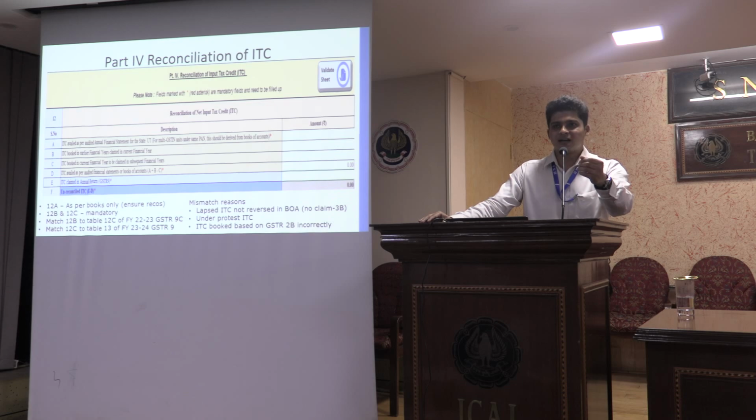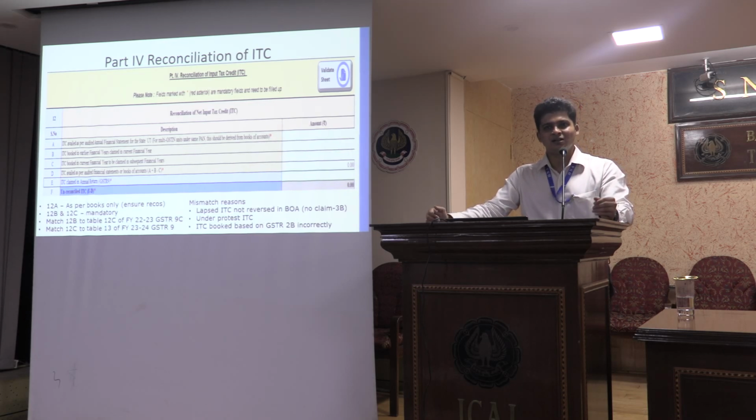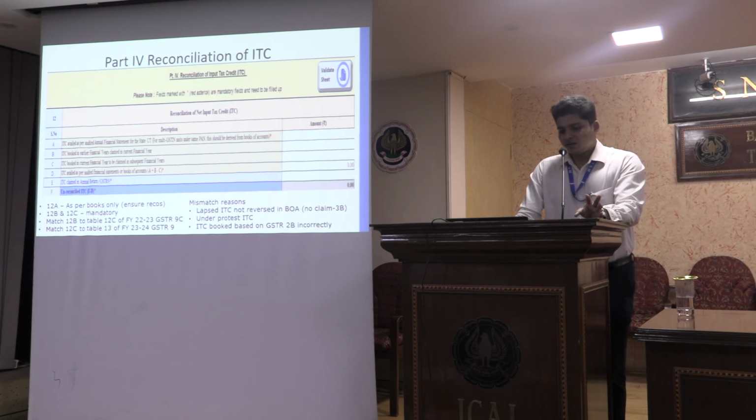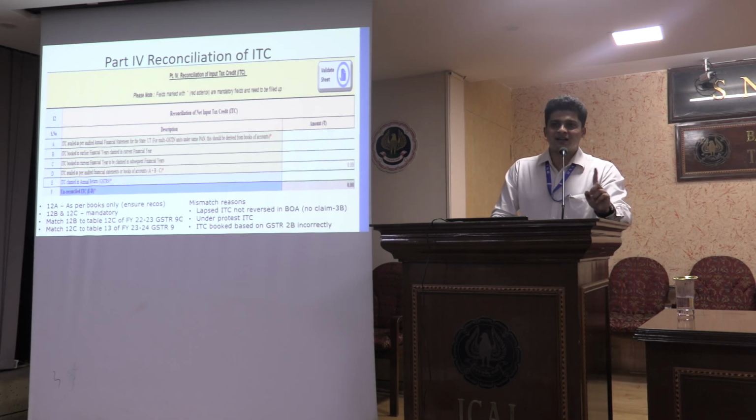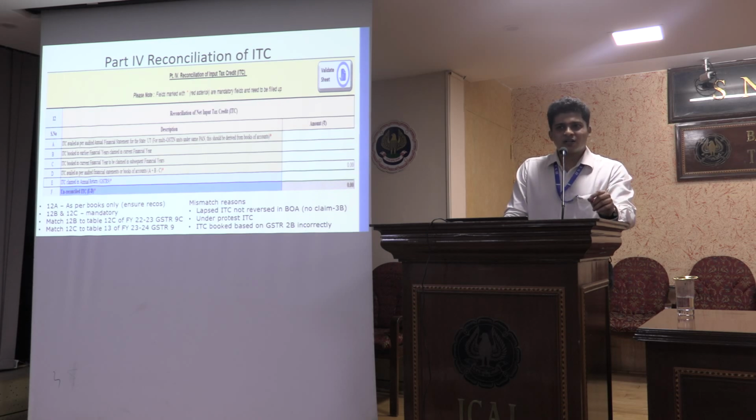This indicates to the department there is a possibility that you have claimed the same transaction twice in 2 financial years. So please keep in mind where 12B is higher than last year 12C, it is a cause for concern. Where 12B is lower than the last year 12C, not a cause for concern, but there could be some missed out ITC also.